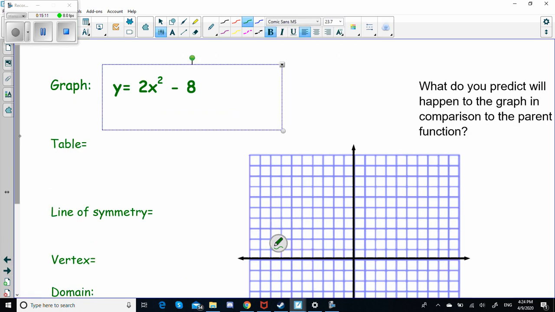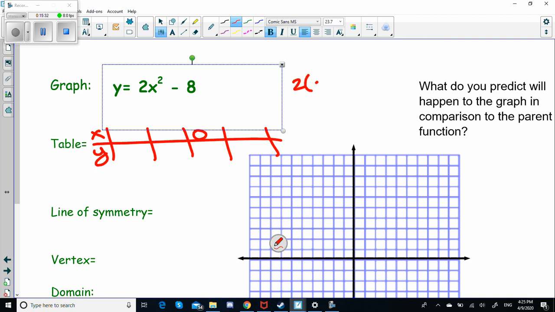All right, I want you to press pause and try this one by yourself and see if you can come up with that. So give that a try and press pause. So if I make my table, I'm going to put 0 in the center. If I plug 0 in, 2 times 0 squared minus 8 would be negative 8.